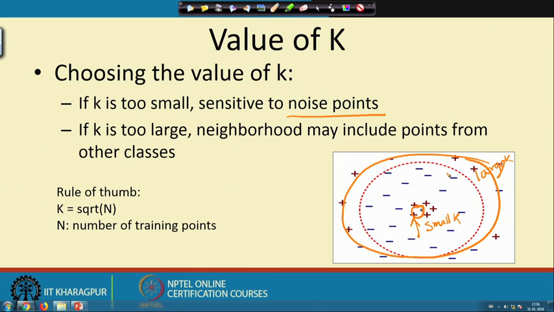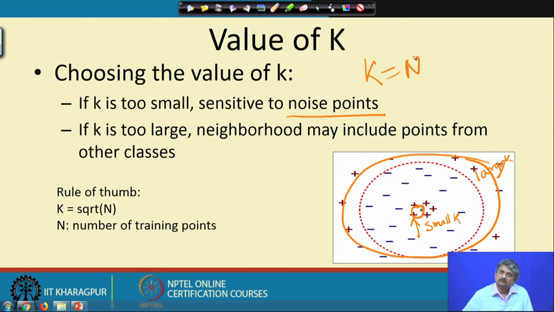Can any of you tell what happens if k is equal to the size of the training set? What does this mean? You go back to your previous slide. If k equals the size of the training set, k nearest neighbor gives nothing but the prior probabilities of the classes. So, if k is too large, this may be the case.